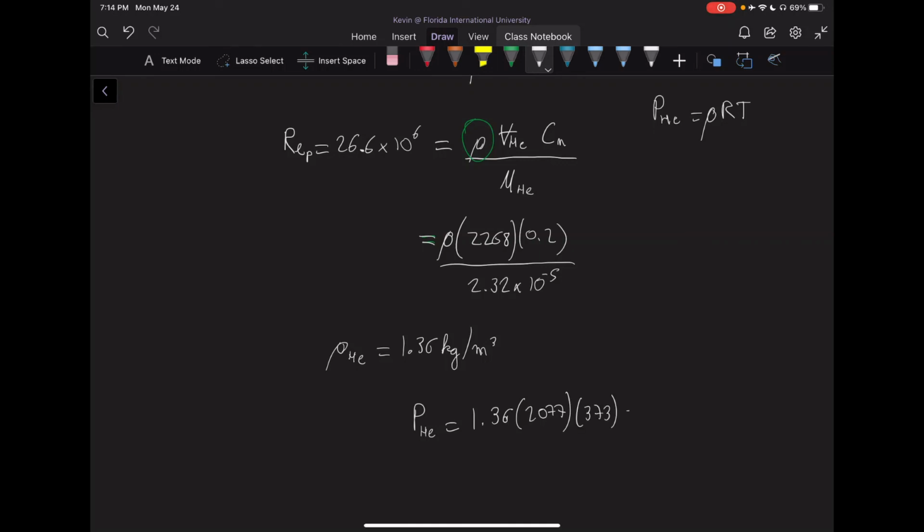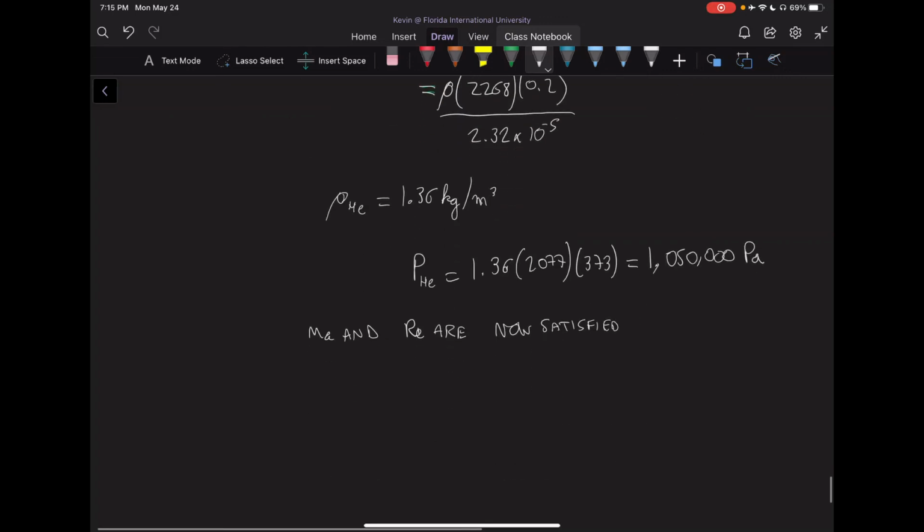And we get that our pressure in our tunnel should be 1,050,000 pascals, or 1.05 times 10 to the power of 6 pascals. So now, with a higher pressure, we've changed our system so that Mach and Reynolds are now satisfied. We've increased the pressure in our system in order to satisfy Mach and Reynolds.